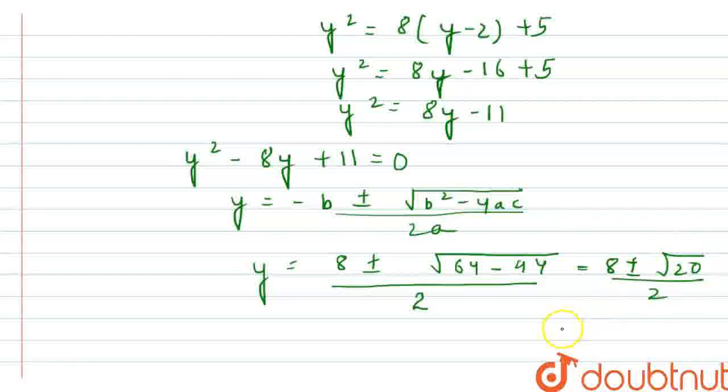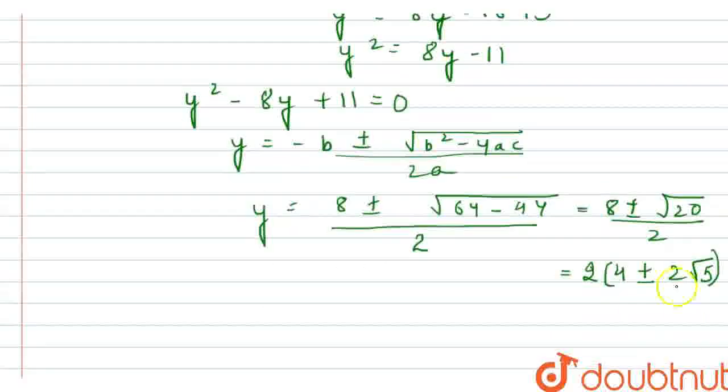Taking 2 common here, I get 4 plus minus 2 root 5, because 4 5s are 20, so it's 2 root 5 upon 2. So 2 cancels with 2. So I am writing here y is equal to 4 plus minus 2 root 5.